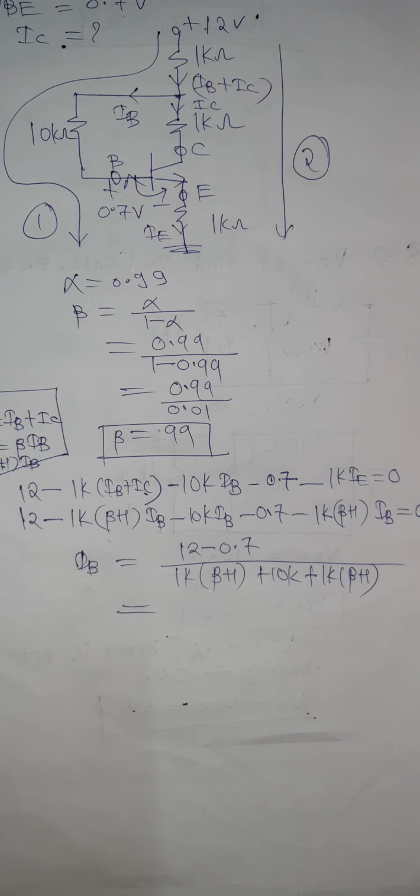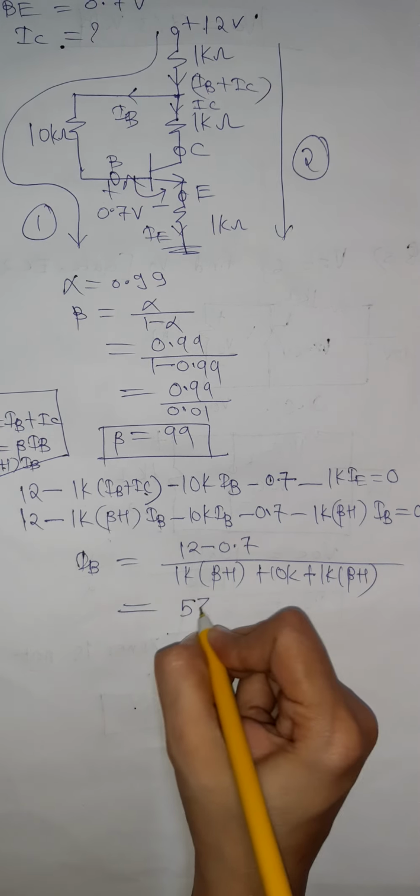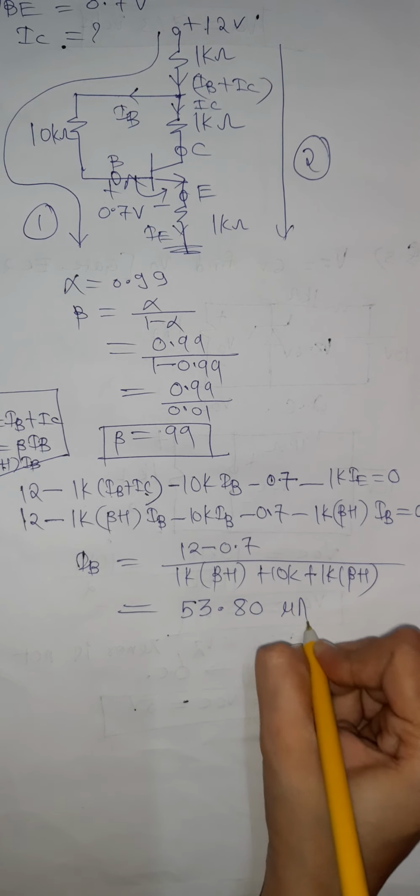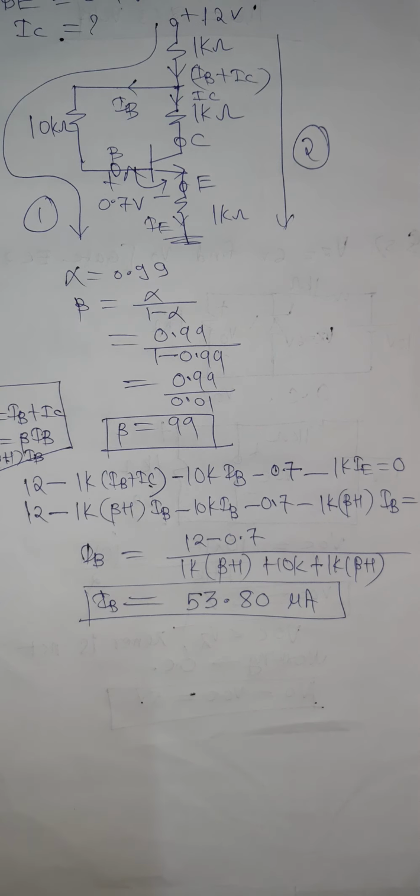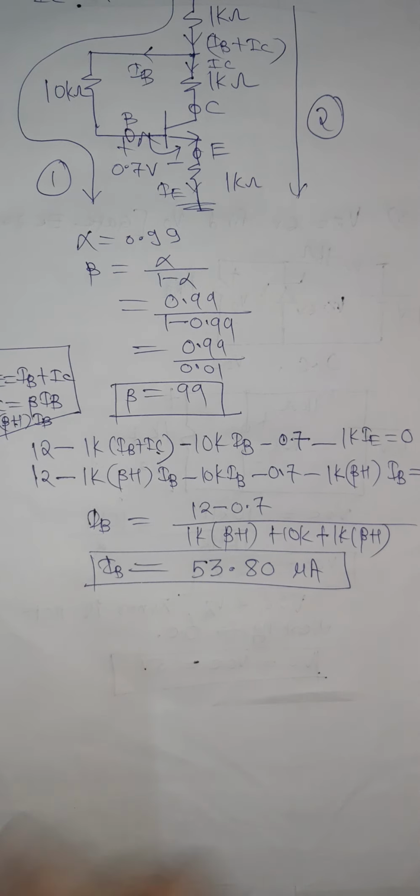Its value will be 53.80 microamperes. So I will check this value is right or not. Just a minute. 1000 into 100 plus 10,000 into 12 minus 0.7. Yes, it's right. 53.80 microamperes is the value of IB.